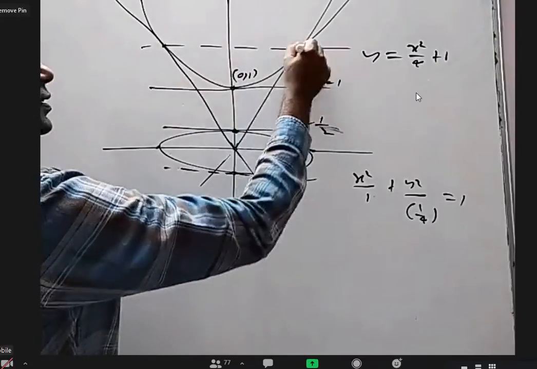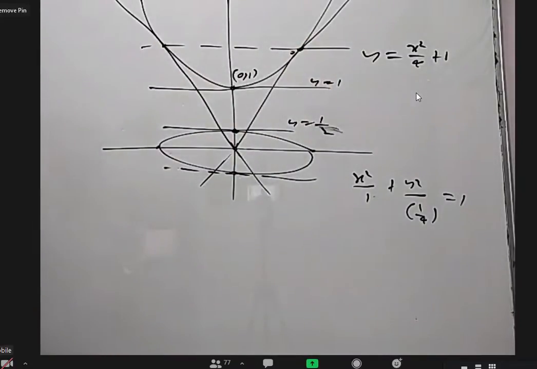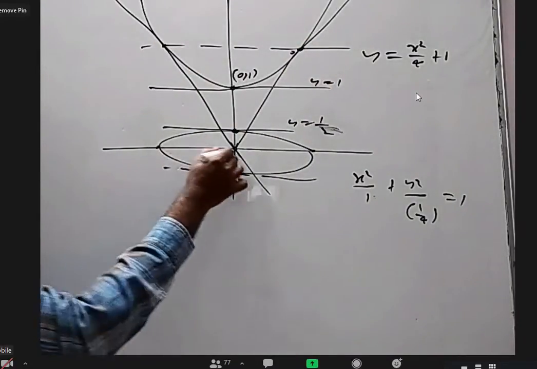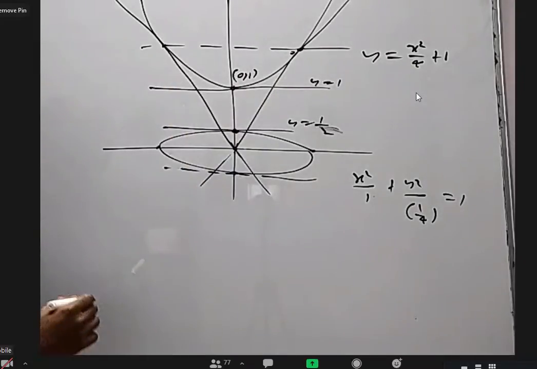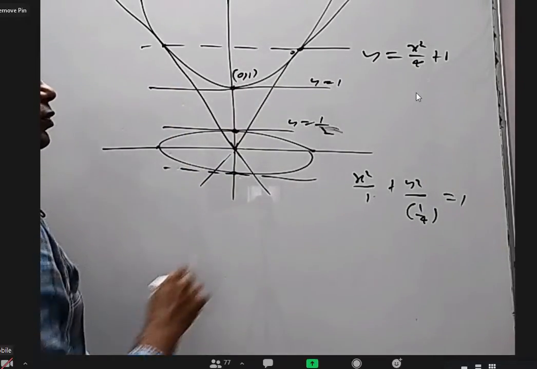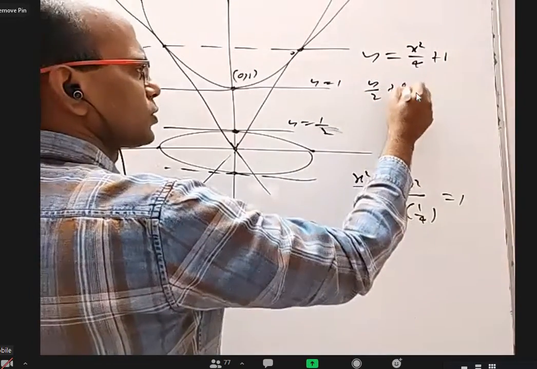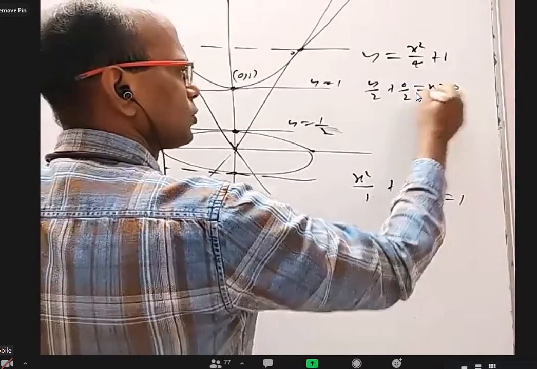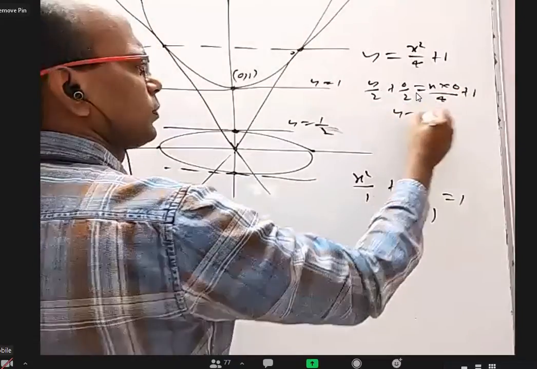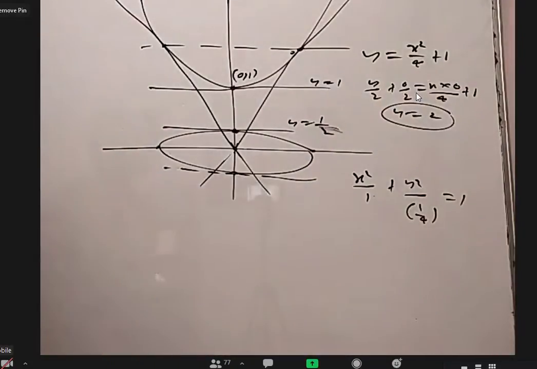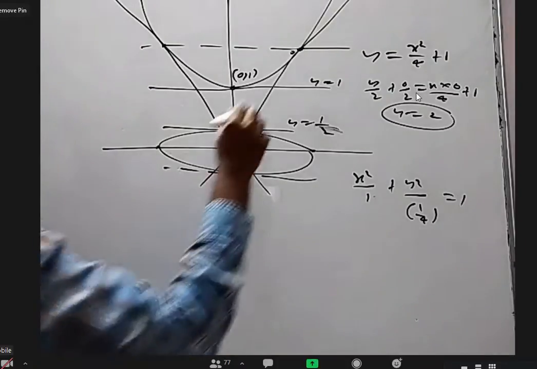I can find this line, because I can do S1 equal to 0 with respect to the origin, it is the chord of contact. So when I do S1 equal to 0 with respect to origin, I'll get y by 2 plus 0 by 2 into x into 0 by 4 plus 1. That is basically y equal to 2.